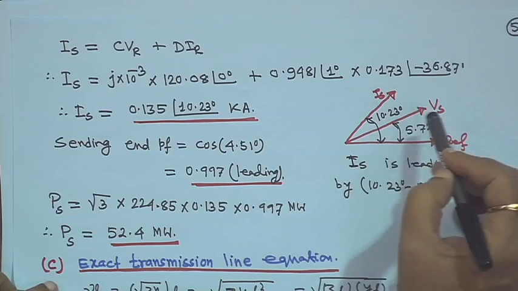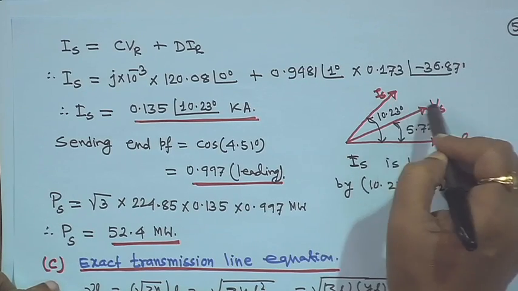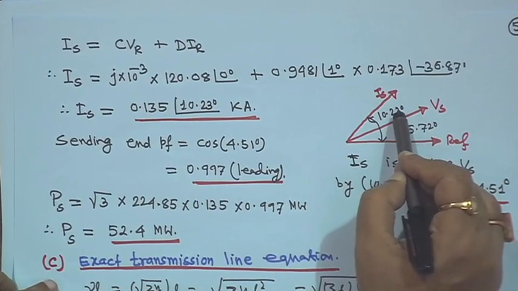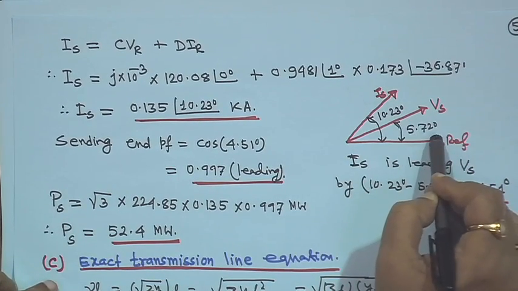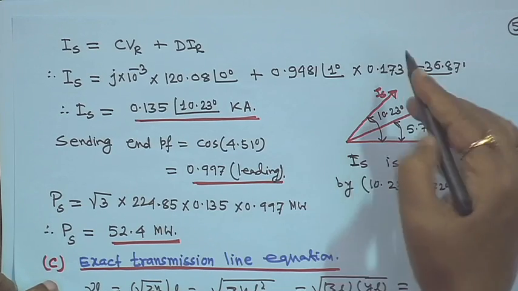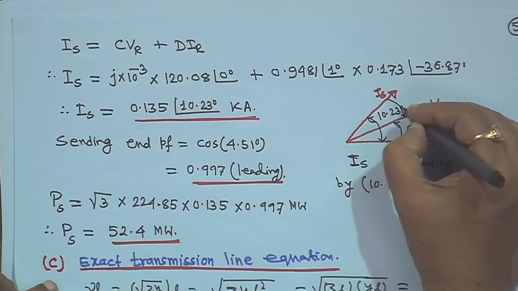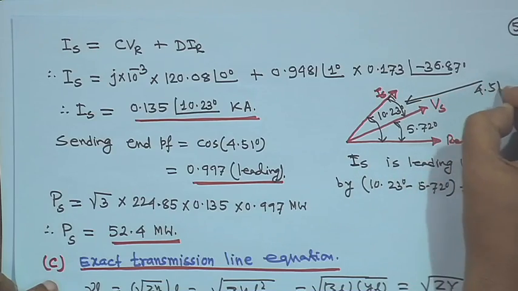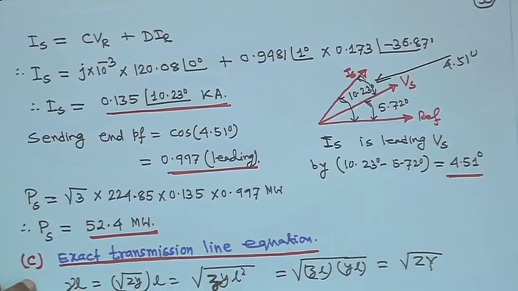So you have to get the angle between voltage and current, Vs and Is. It will be 10.23 minus 5.72, and this angle comes to 4.51 degree.